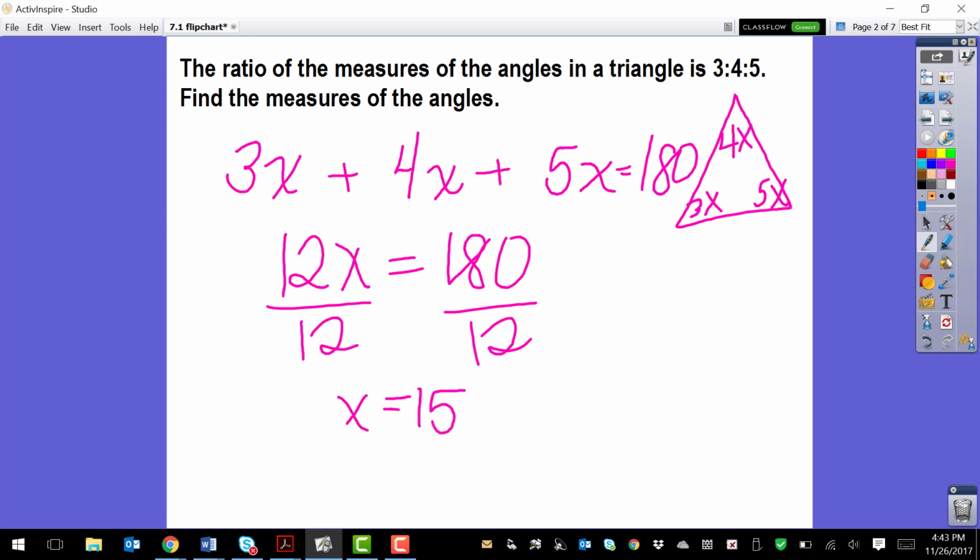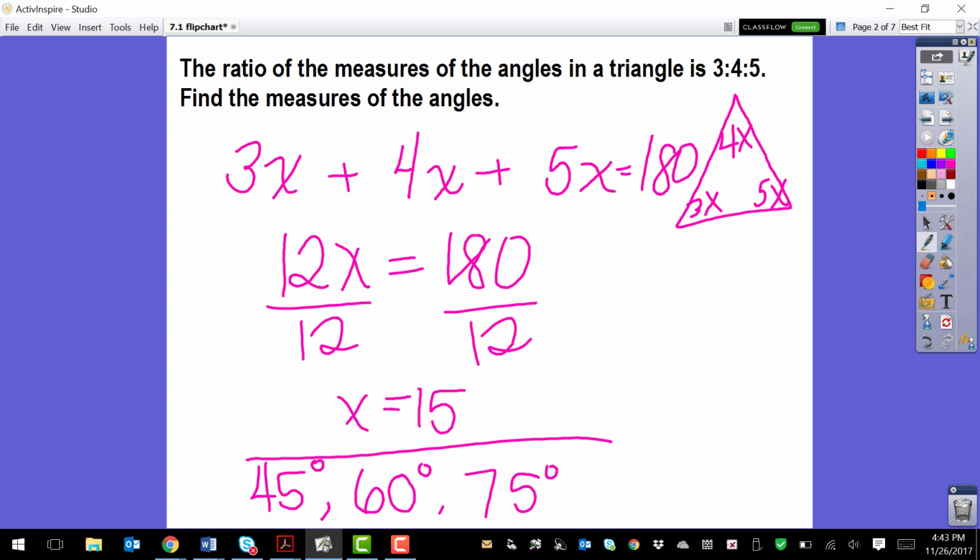So the measures of the angles are 3 times 15, which is 45 degrees, 4 times 15, which is 60 degrees, and 5 times 15, which is 75 degrees. Then you can double check: 45 plus 60 plus 75 adds up to 180. So the 3 angles of the triangle are 45 degrees, 60 degrees, and 75 degrees.